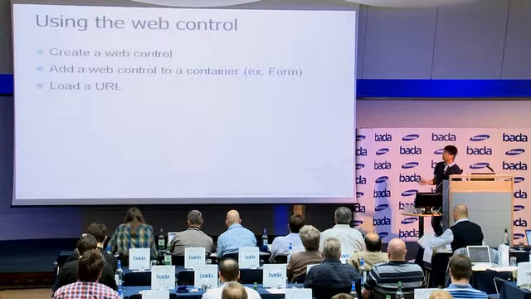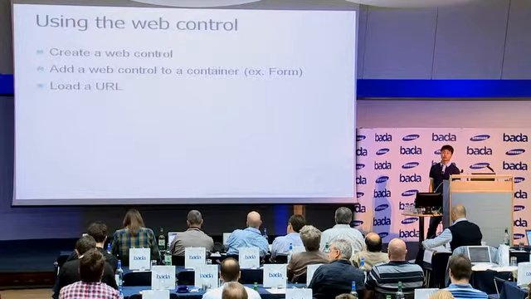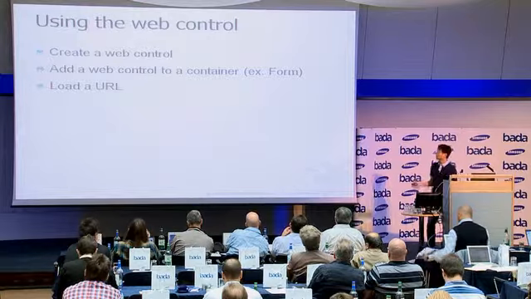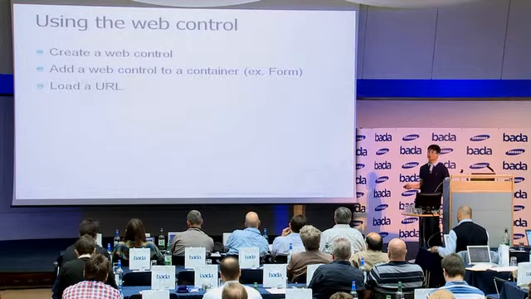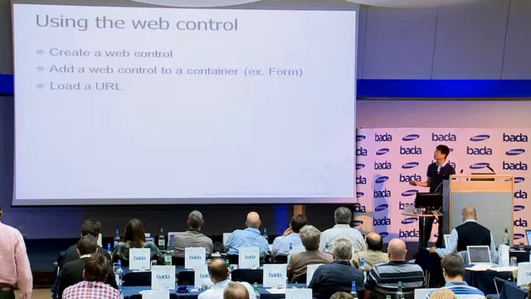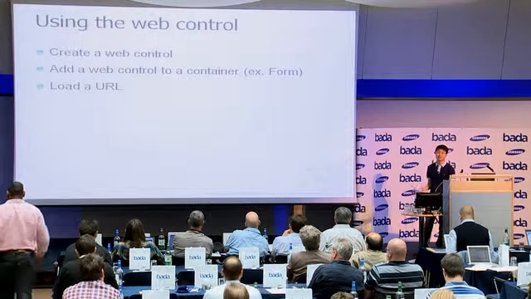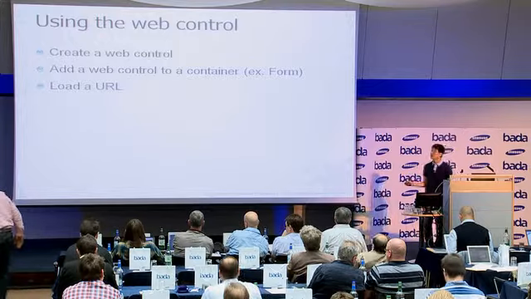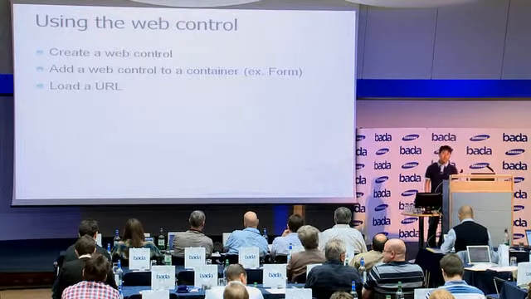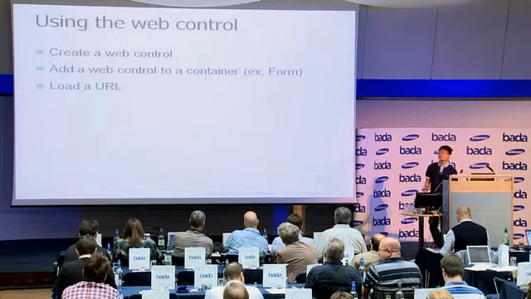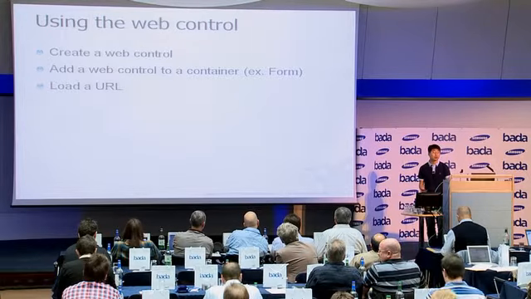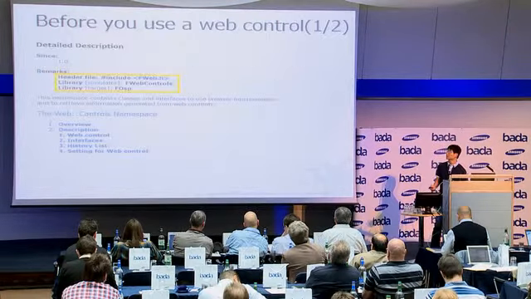To make it, you should use the web control, and using the web control is very easy. Only 3 steps are needed. The first one is to create a web control instance, and then add the web control to the container. I think generally it will be formed. And the final step is to load the URL. So that's all. And before the detailed code of the web control, you should know something about using the web control. So let me check it first.